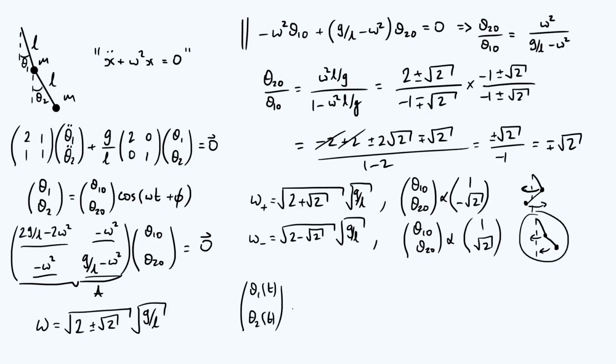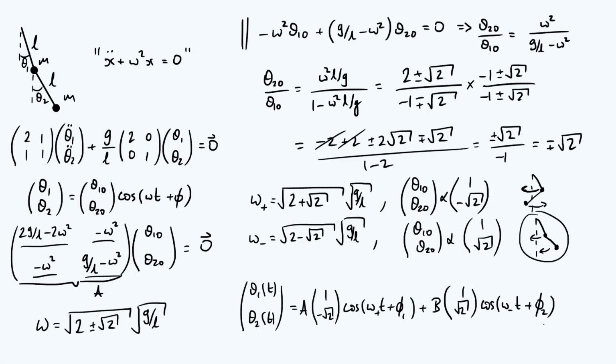It's basically going to be some constant, which I'm just going to call a, times our first vector 1, minus root 2, times cos of the higher frequency omega plus t plus some phase, which we could call phi 1, plus some other constant, let's call it b, times our other vector 1 and then positive root 2, times cos of omega minus t, the other angular frequency, plus some other phase, which could be different, phi 2. Now, this actually tells us the general motion of the double pendulum.